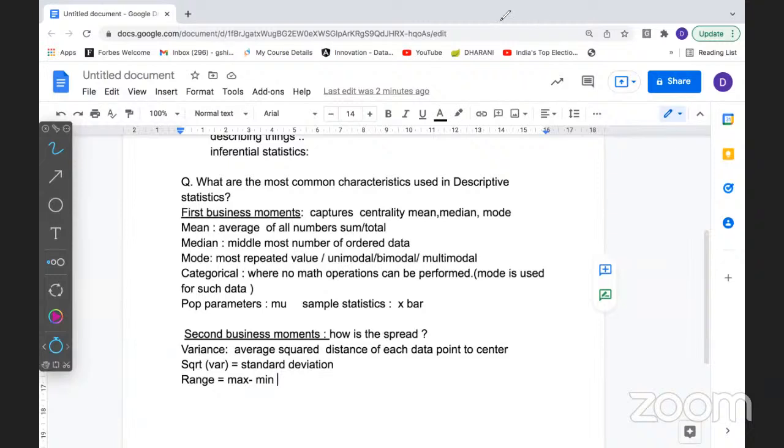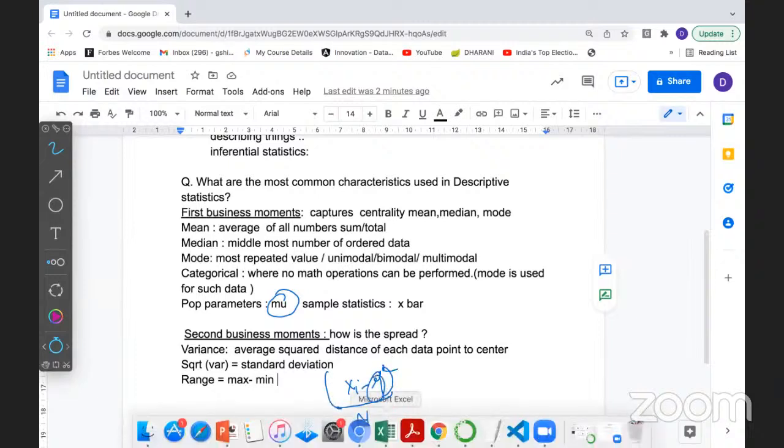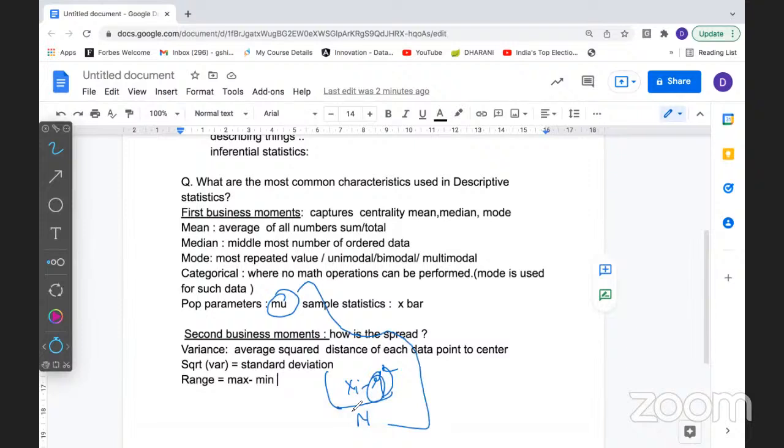As I told you, whatever we calculated as part of the first moment, we now used here in the second moment. These two.